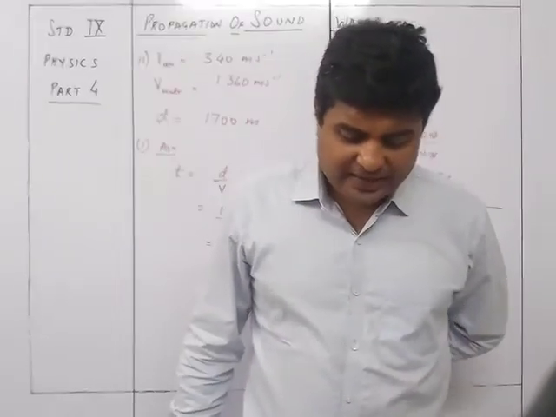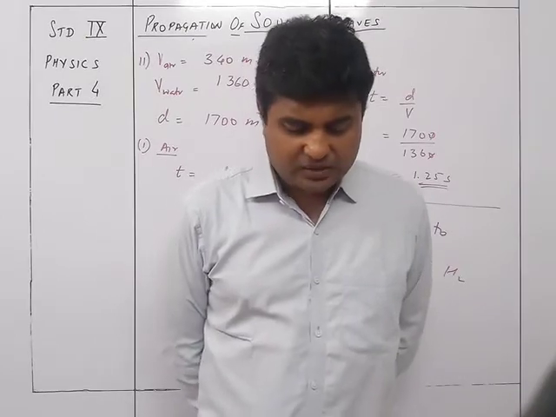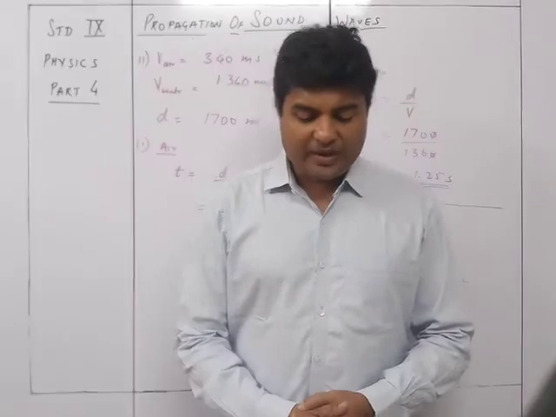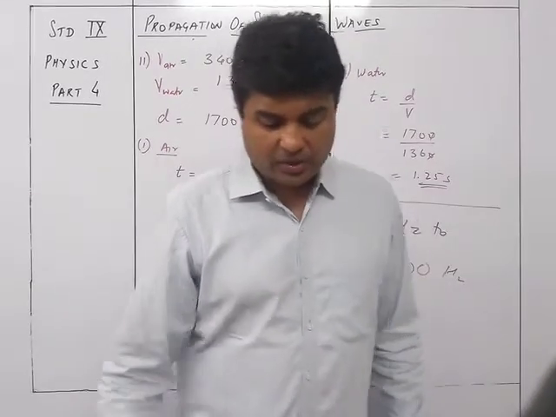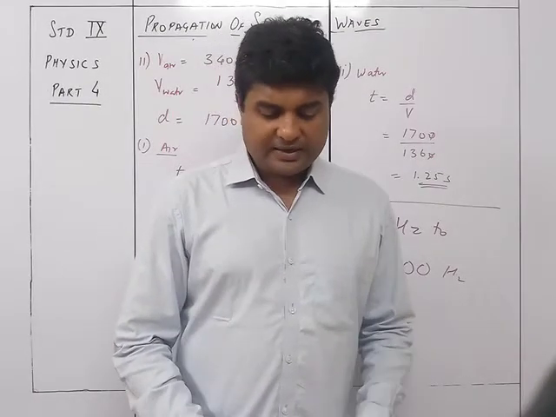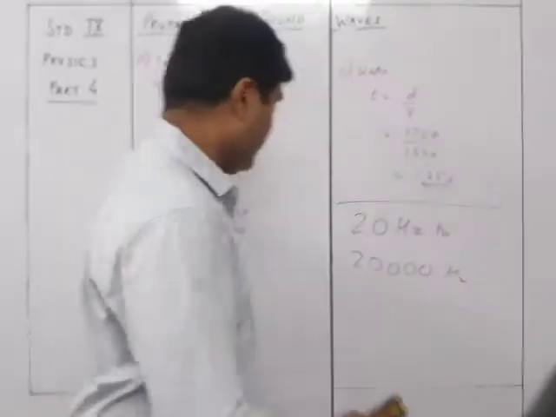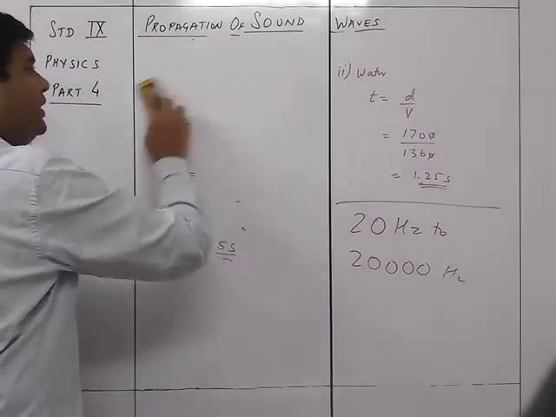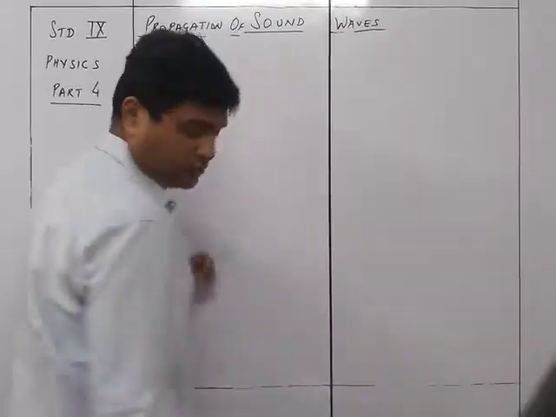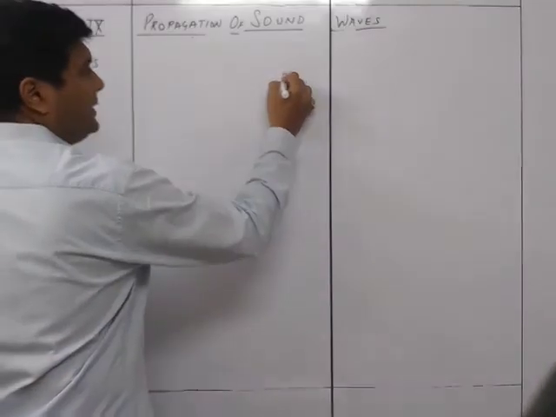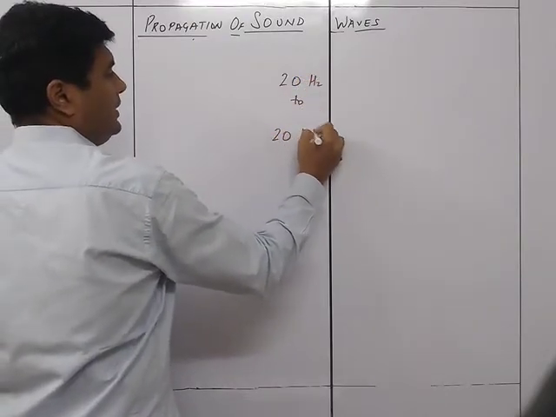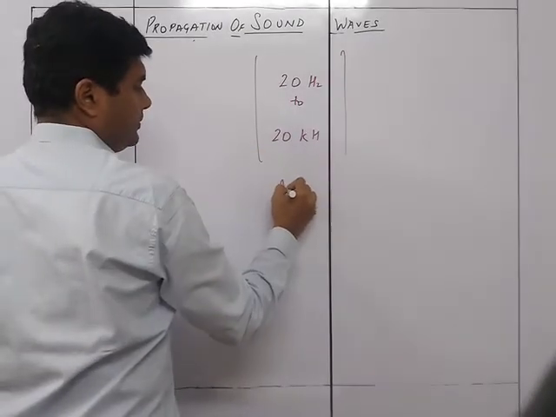The sound of frequency in the range 20 hertz to 20,000 hertz is called sonic or audible sound. The sound of frequency less than 20 hertz is known as infrasonic sound or simply infrasonic, while the sound of frequency greater than 20 kilohertz is known as ultrasonic sound. So if we talk about the sound ranges, 20 hertz to 20 kilohertz is the audible sound.